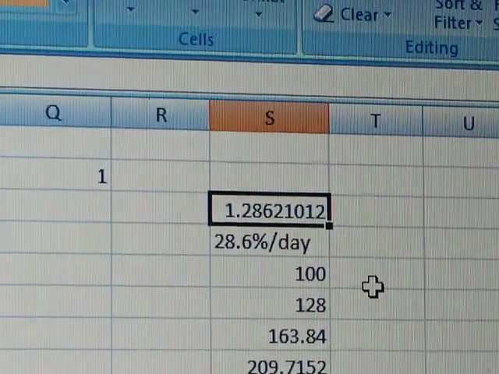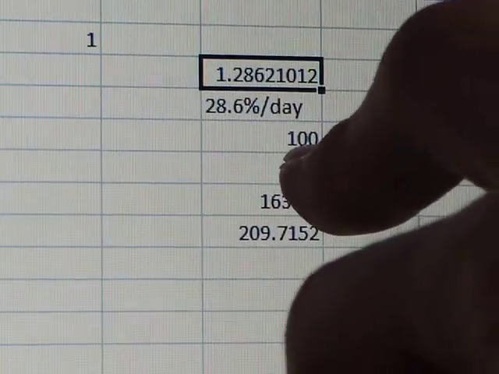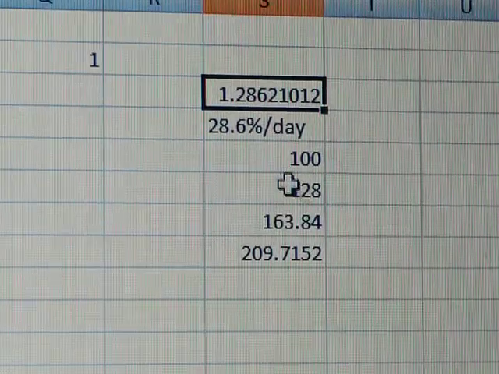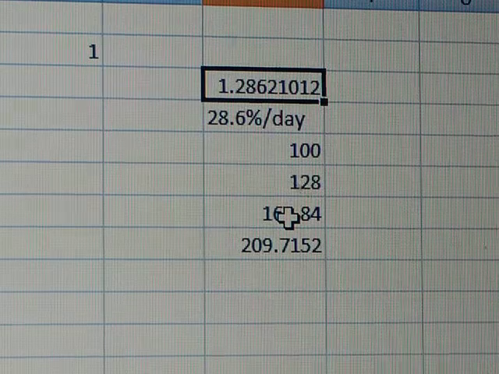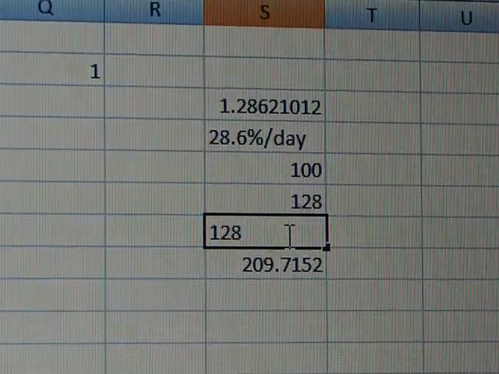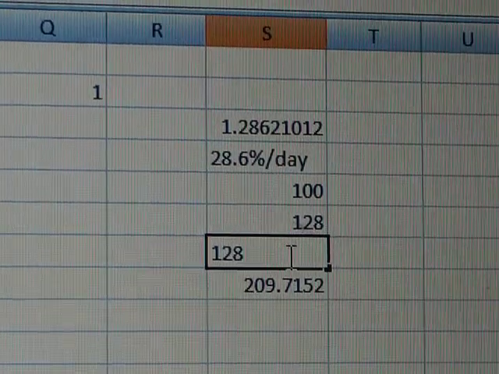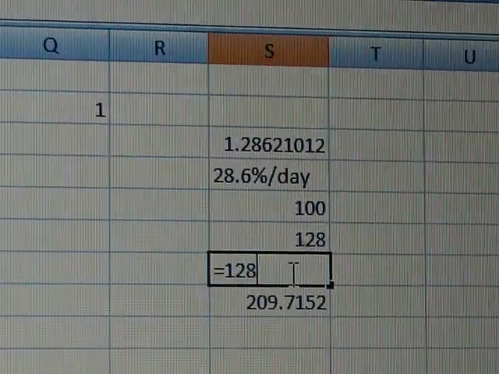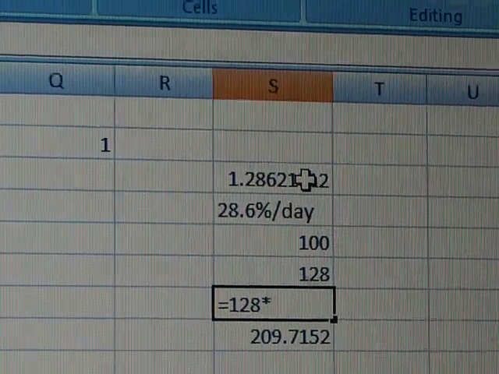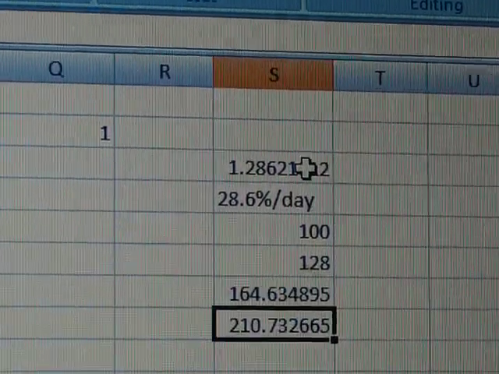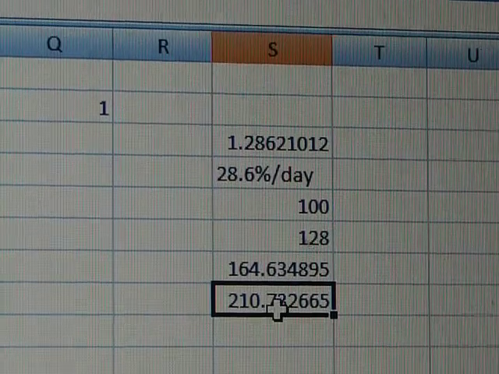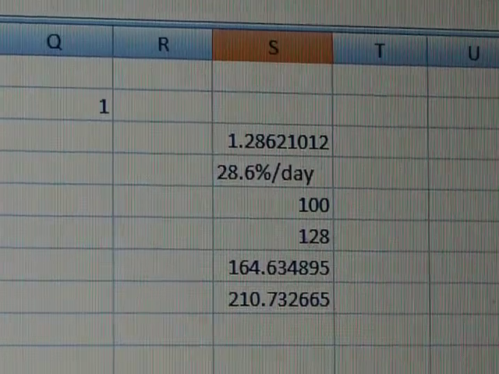That's a 28.6% increase per day, which means that if you started off with 100 cases, the next day you'd have 128, and the next day you'd have 128 multiplied by 1.28, which is 164, and then the next day you'd have 164 times 1.28, which is 210.